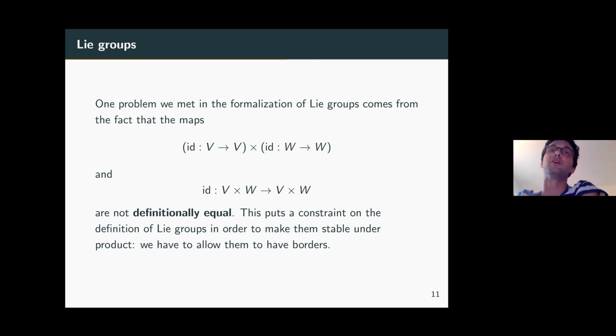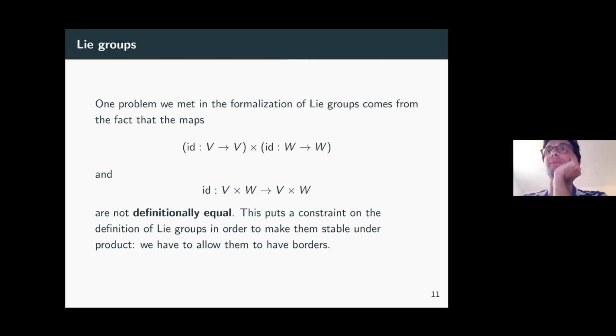So in this case, it would have the product of two identity maps. And unfortunately, it happens that the product of two identity maps is not definitionally equal to the identity map. So Lean cannot know that the two things are the same, and it is not possible to define Lie groups directly with the trivial model with corners. So you have to actually, a bit awkwardly, allow Lie groups to have borders.